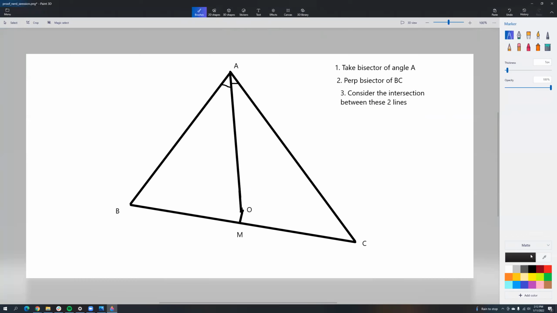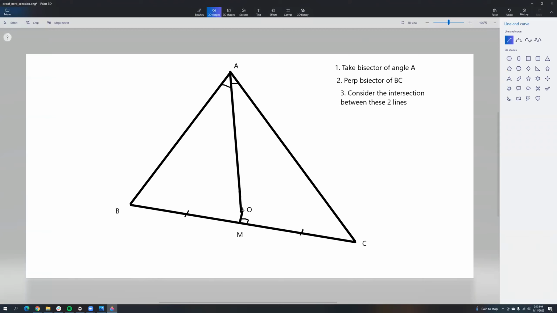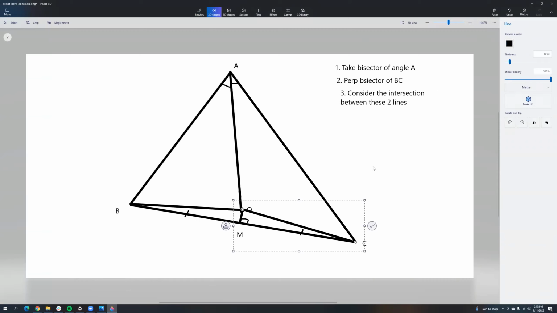That means here we have a 90-degree angle, right? And also this segment is equal to this segment. Now we need to take the lines BO and OC. So let's just draw them. Good.